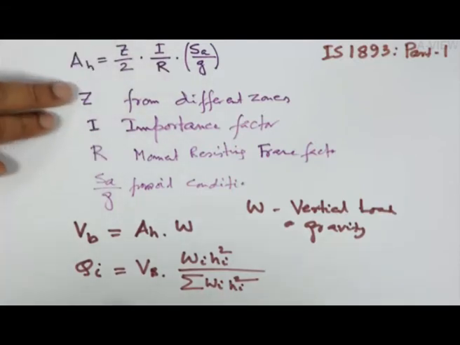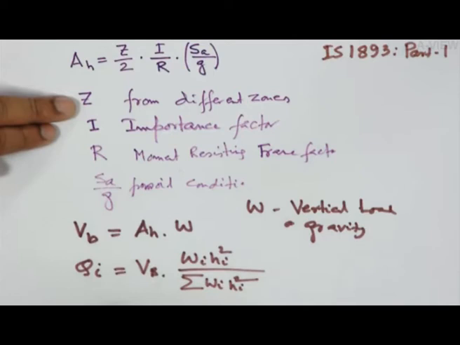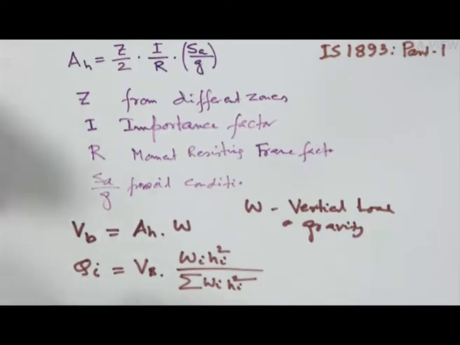From there we shall get the value of Z, depending on the zone where you are going to construct that building. So we find out whether it is in zone 2, zone 3, zone 4, or zone 5.